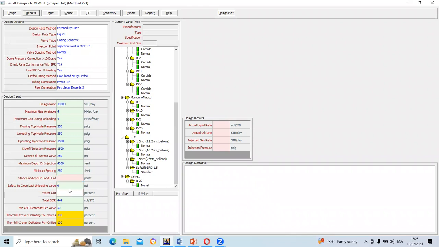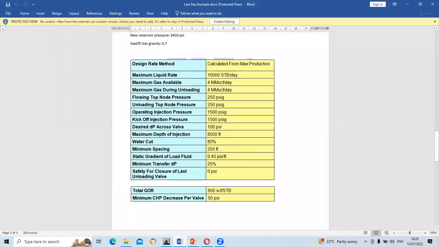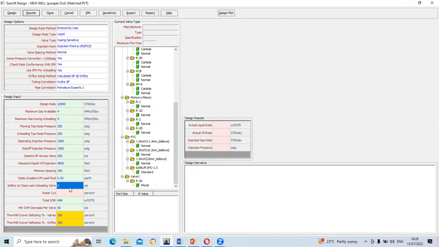So our water cut 0.4543. All right. So we have maximum transfer that and the safety for closure. We'll just leave that at 0.